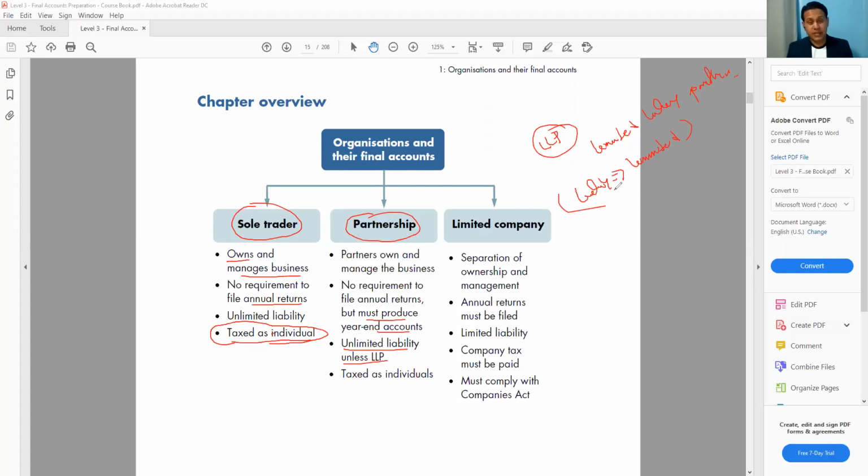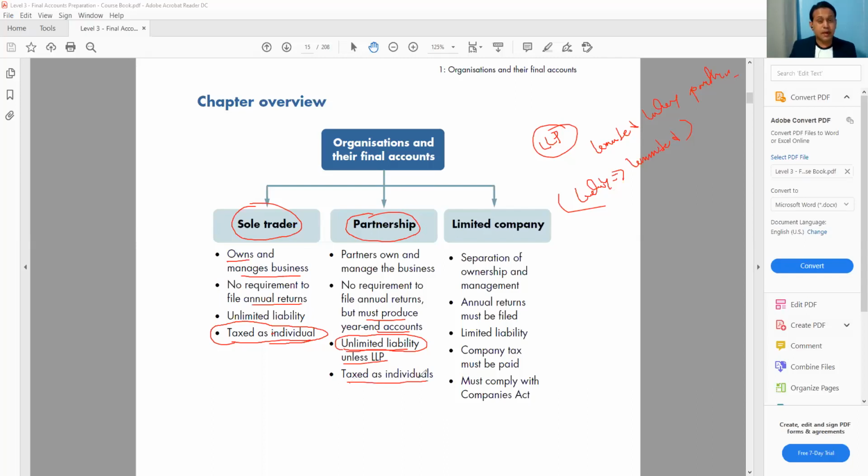For example, if you invest £10,000 in your business, and if the business is liquidated for any reason, or if the business goes bust, or is closed for any reason, you don't have to pay from your personal assets if it is an LLP. Otherwise, if it is not an LLP, then your liability will be unlimited like a sole trader.